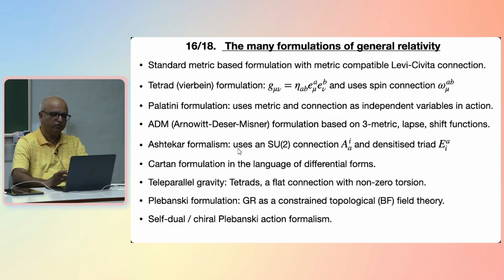The Ashtekar formulation, this is a formal definition, uses an SU(2) connection and a triad instead of a tetrad. The Cartan formulation we will talk about as we go along.